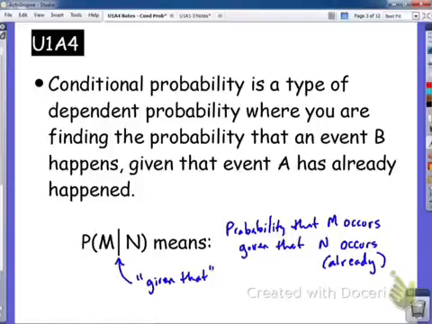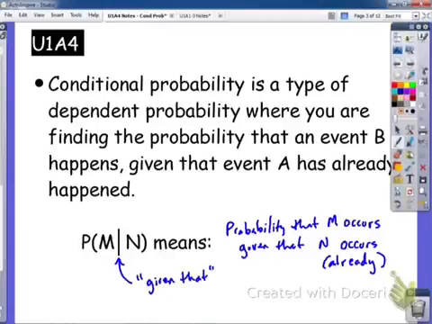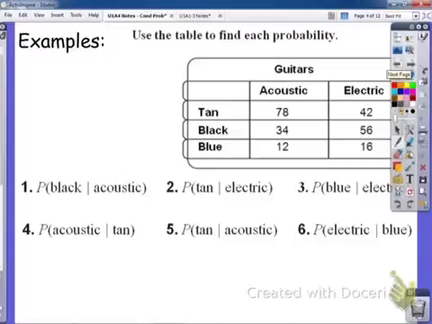It's an if-then sort of situation. So we're going to look first of all at the table types of problems and see how this goes down.